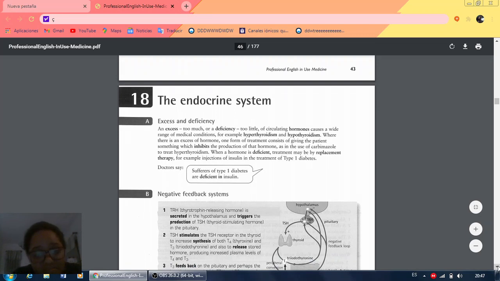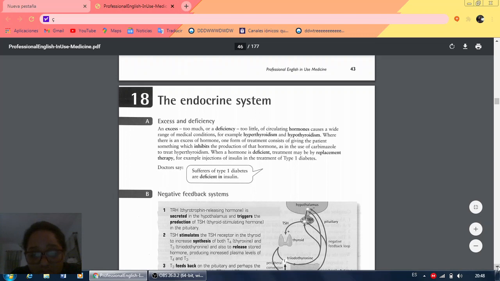Excess in defenses is essence to lead on circle homes. Causes with range medical condition, for example, hepatitis, importance the scores for homes on from strain consists of diabetes dependent with index production of hormone.